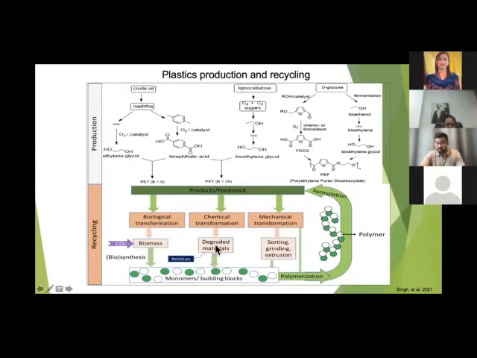Second is chemical recycling. That's the most popular one, but it is not very sustainable because it requires a lot of chemicals and energy, and also produces secondary waste. This third one, mechanical recycling, we have all heard of. This recycling is the best one in this process.